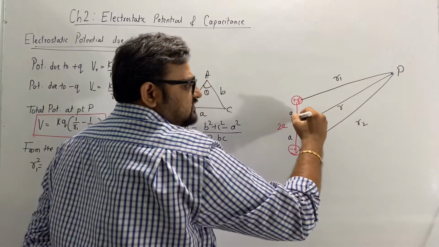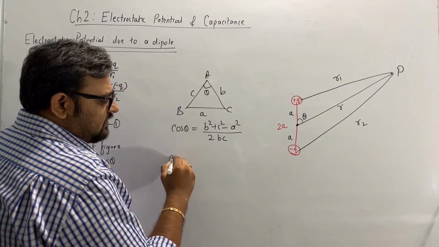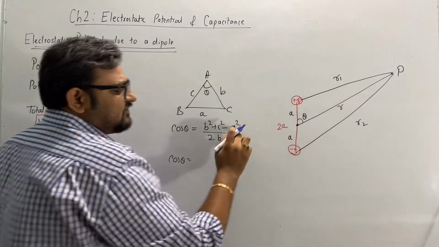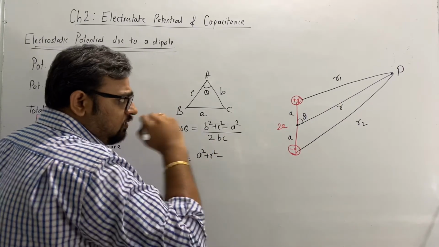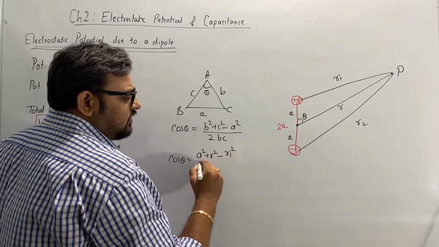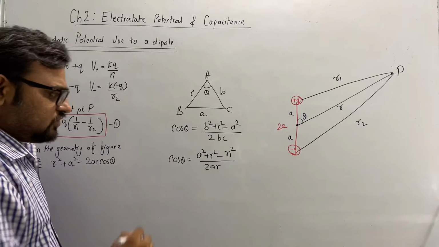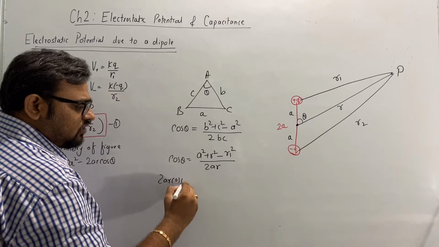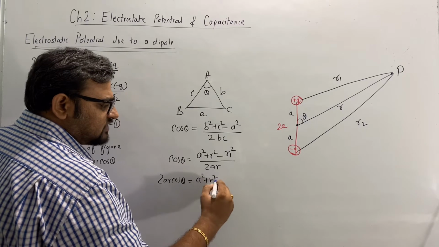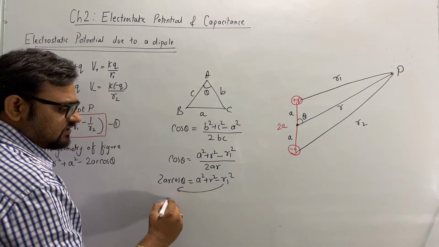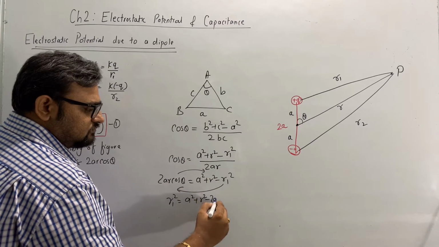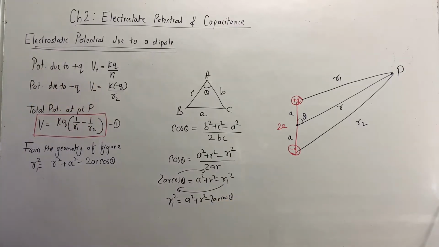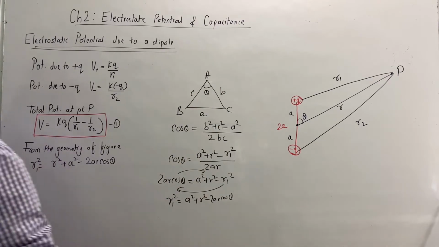So what will be cos theta? The opposite side is R1, and the other sides are A and R. So A square plus R square minus R1 square upon 2AR. So 2AR cos theta equals A square plus R square minus R1 square. Taking R1 square to this side and this to the other side will make it minus. Clear? So by the geometry you will get this formula. No need to derive this, it's only for information.